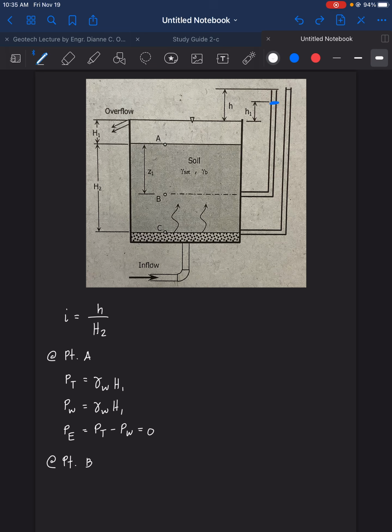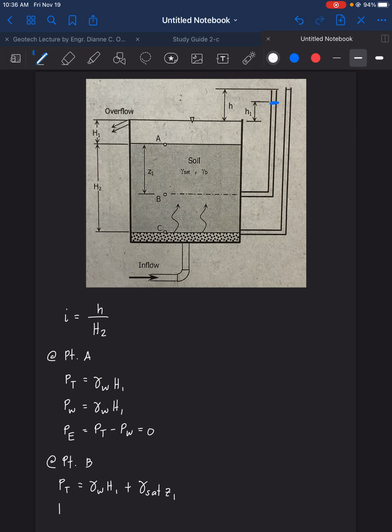Okay? So if we get the P total at point B, that is equal to the gamma of water, the H1, the height of the water, plus the gamma sat of the soil, times up to the point where we reach the point B, and that is Z sub 1.